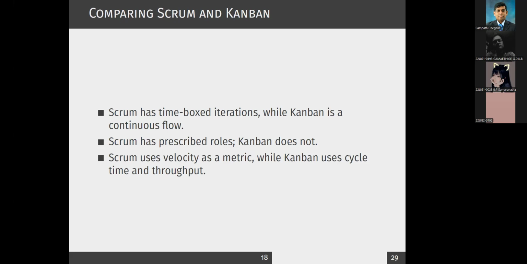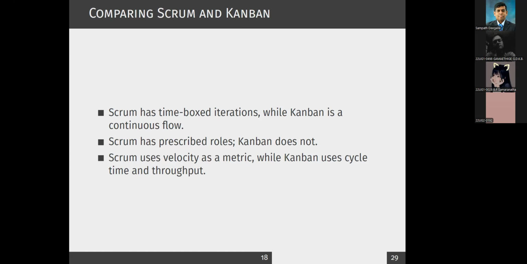Whereas Kanban is a continuous one, right? And roles: in Scrum, you have a predefined set of roles. Remember we discussed the product owner, Scrum Master, development team. So very precise roles are there, but in Kanban you don't have them.